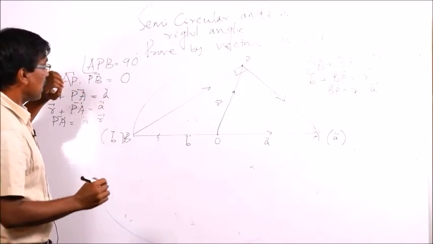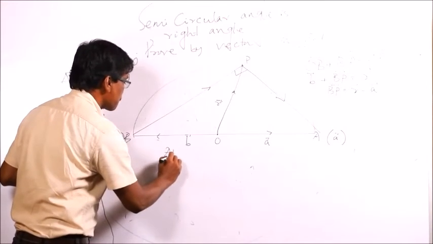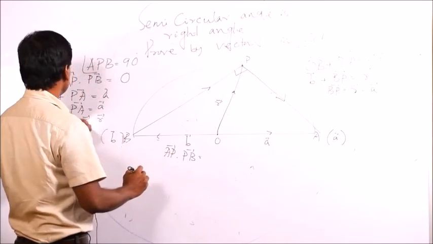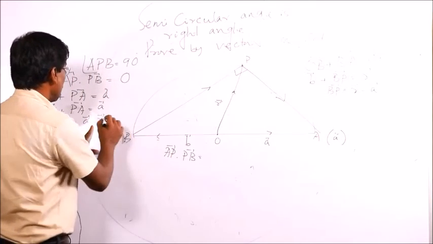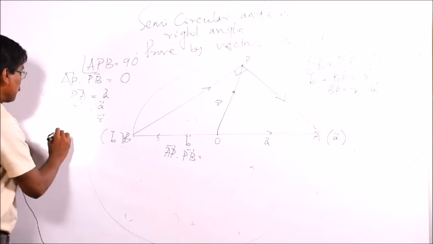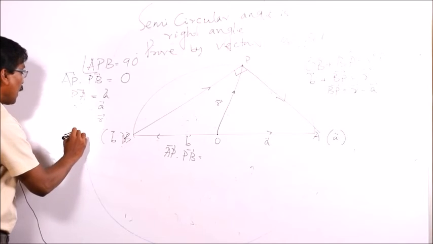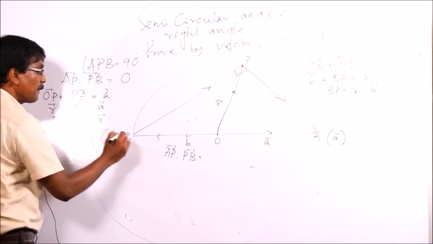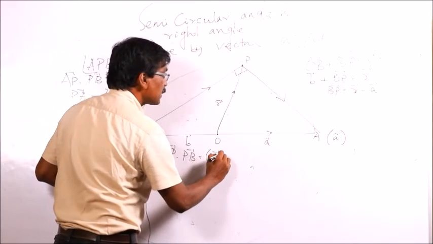So now the AP vector dot PB vector. AP vector is equal to R minus A vector.